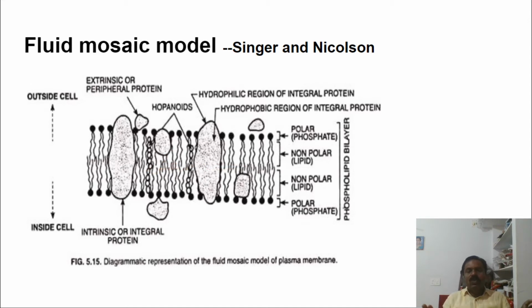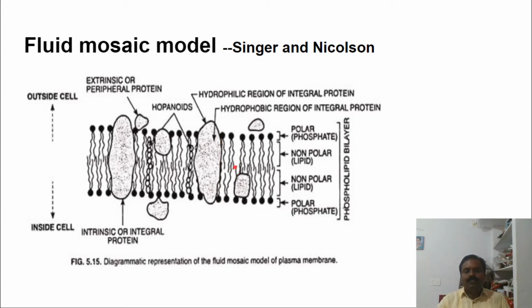Here also the molecules are arranged, and the phospholipid region structure is the same as earlier scientists explained. Here also the polar head region is towards the outside, it may be this side or this side, and the tail region is present towards the inside.